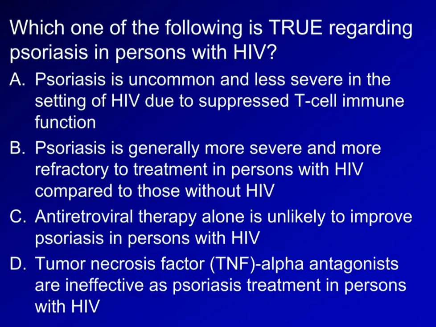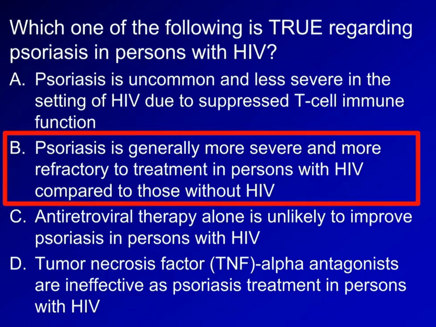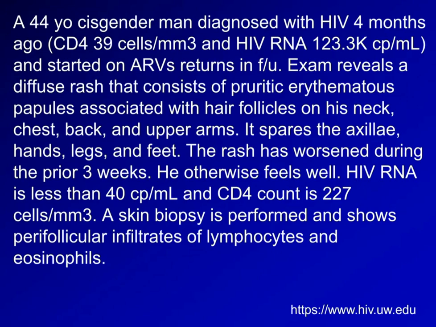I like B. In people living with HIV, psoriasis is generally more severe. You can treat them if they need immune-modulating meds and their HIV is under good control, but psoriasis can be a lot harder to control in people living with HIV.